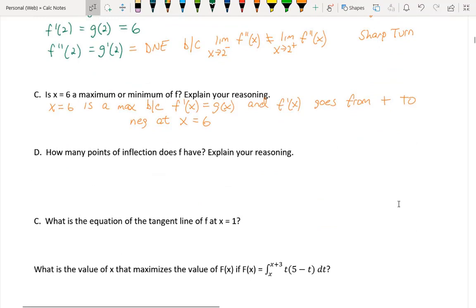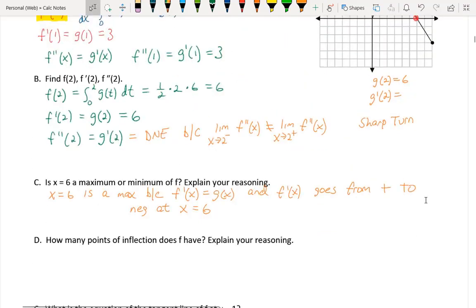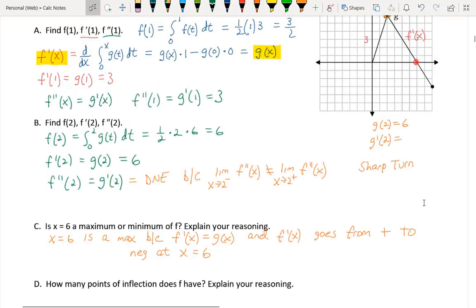How many points of inflection does f have? Explain your reasoning. So we might need to look at our graph again here. When we talk about points of inflection, we want to know where f double prime is 0, or where f prime goes from increasing to decreasing.